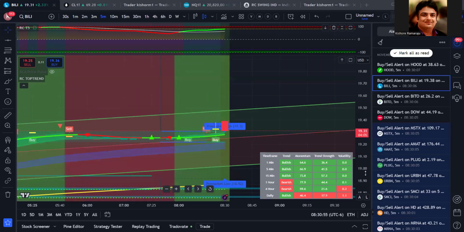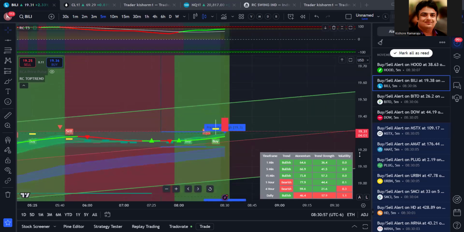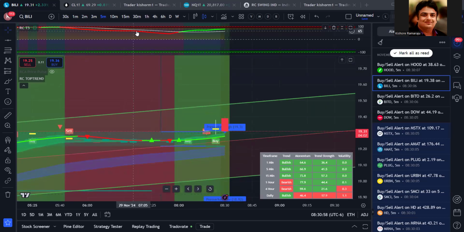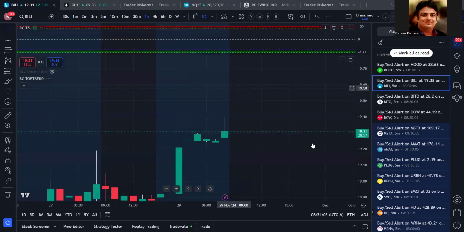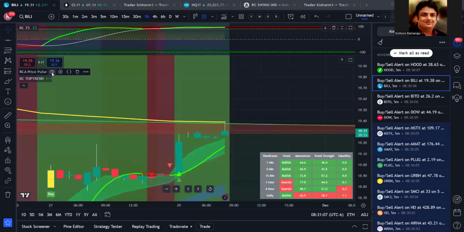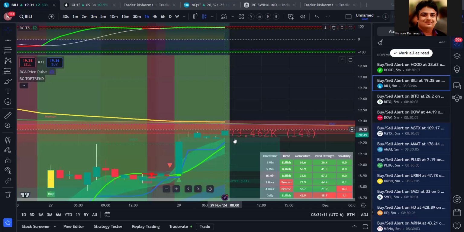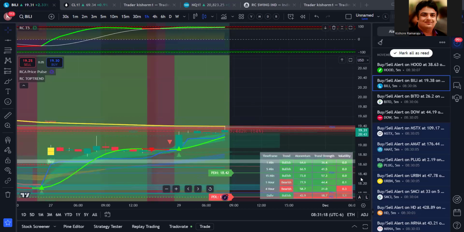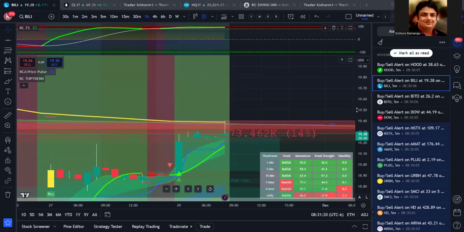It can go all the way. If it breaks this, there is just a lot of block now. If it breaks that, then it can go much higher.